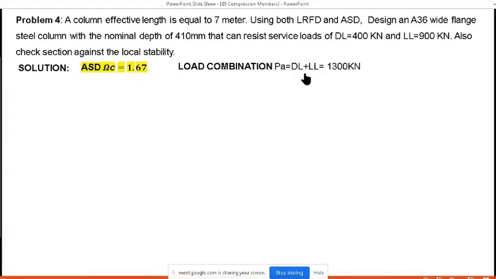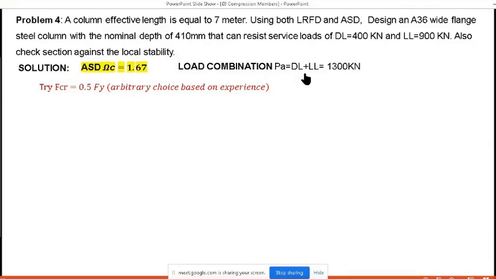And since wala pa tayong cross-section, kasi yun nga yung hinahanap natin, wala pa tayong properties ng section, such as yung radius of gyration na gagamitin natin in determining yung our slenderness ratio, we try this value, that our FCR is equal to 0.5 of Fy. That is the arbitrary choice based on the experience.